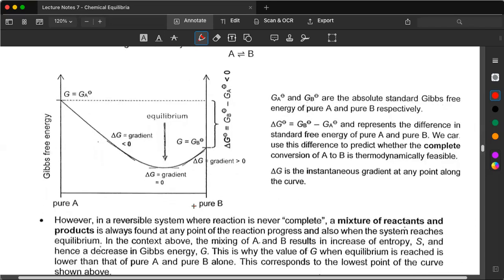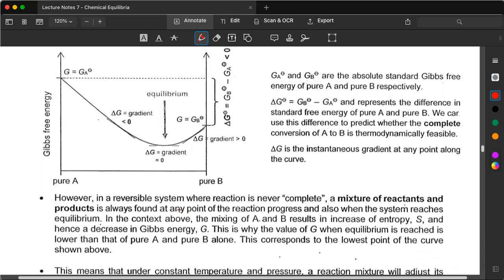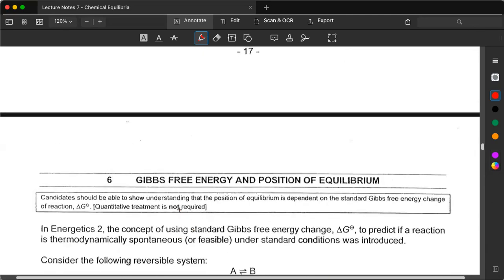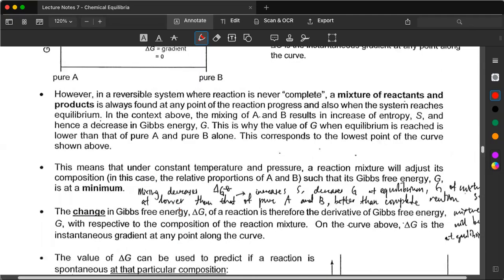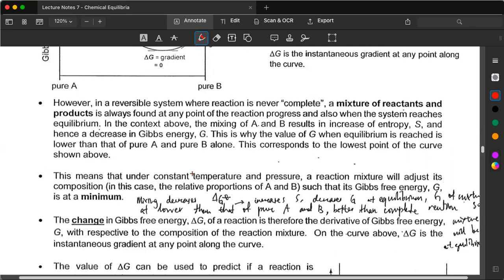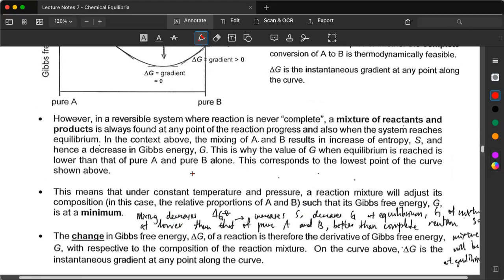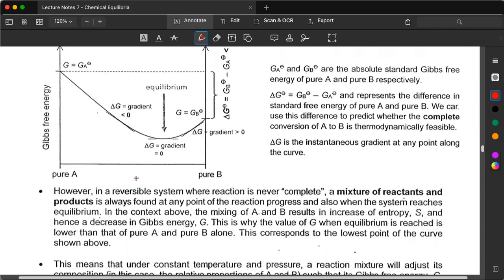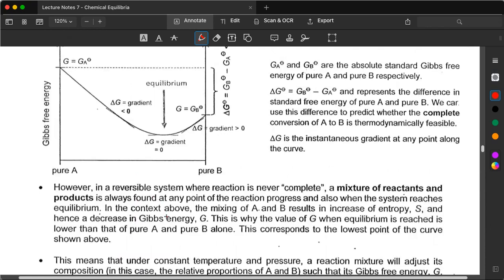In a reversible reaction or system, the reaction is not completed. We will have a mixture of reactants and products. In this context, the mixing of A and B will result in an increase in entropy and a decrease in Gibbs free energy. That's why the value of G when equilibrium is reached is lower than A and B alone. This corresponds to the lowest point.